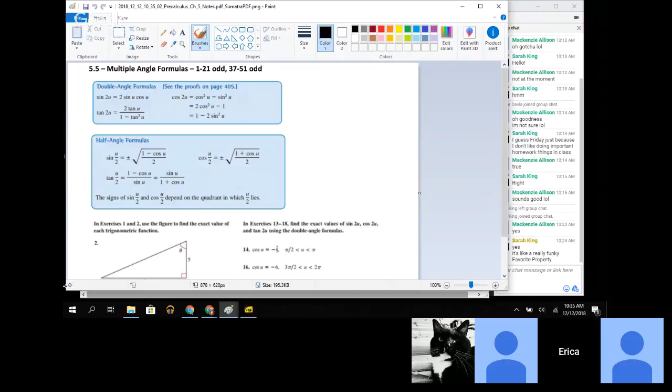All right, so what this means is that let's take a really easy one. Let's say you were doing the sine of pi over 3, which we can totally look at on the unit circle, and we know that the sine of pi over 3 is the square root of 3 over 2.